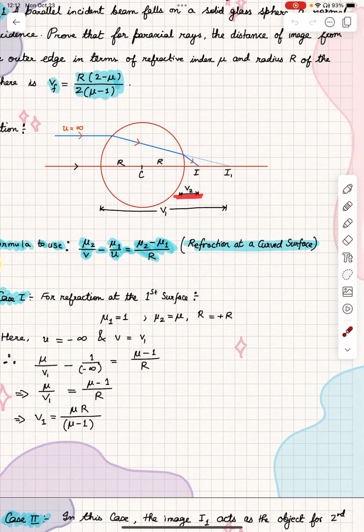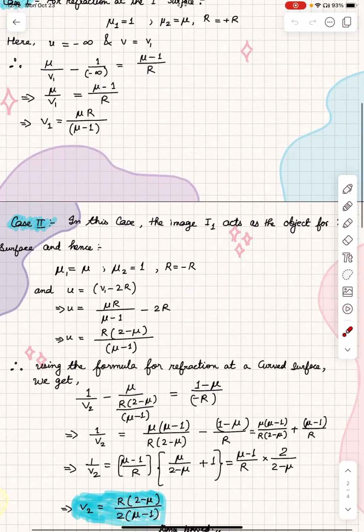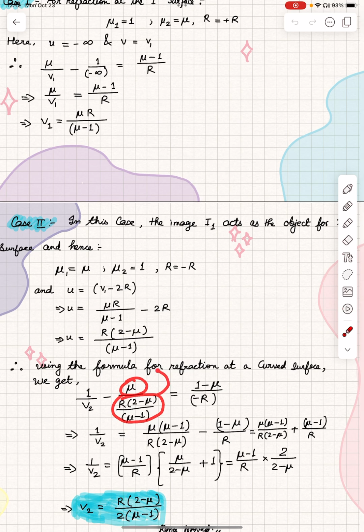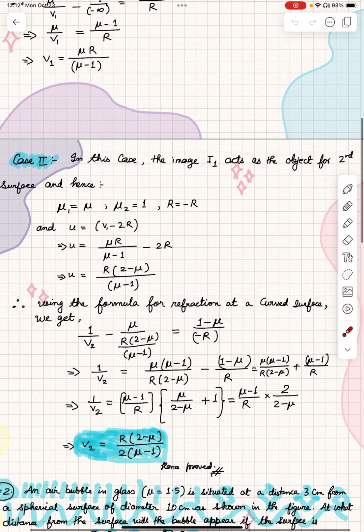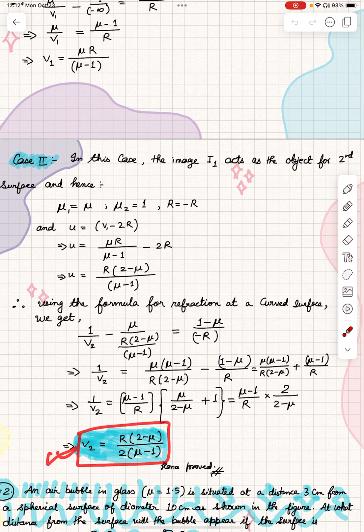The object is in mu, and this is the value of the object distance, 2 minus mu by mu minus 1, and 1 minus mu upon minus r. Solve it, and finally what you get is v2, the distance of the final image from the pole, which is r times 2 minus mu by 2 times mu minus 1.